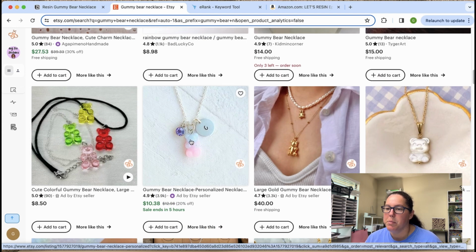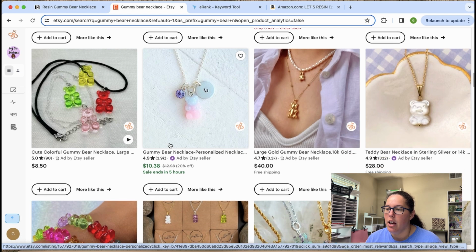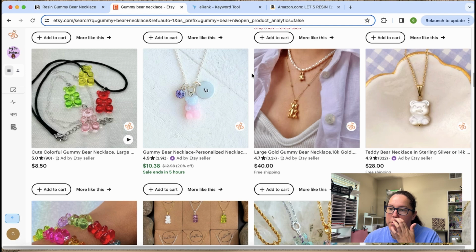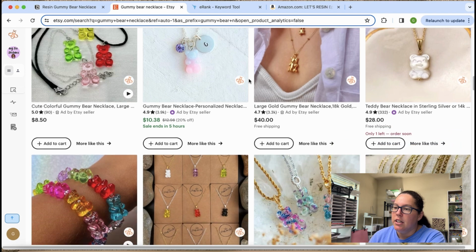So this is kind of the inspo that I'm getting, or with other trinkets. So I'm looking really at what they're selling. So obviously we're getting the gummy bear necklace, but what type of necklace are they selling? What necklace cord are they selling? What finish?